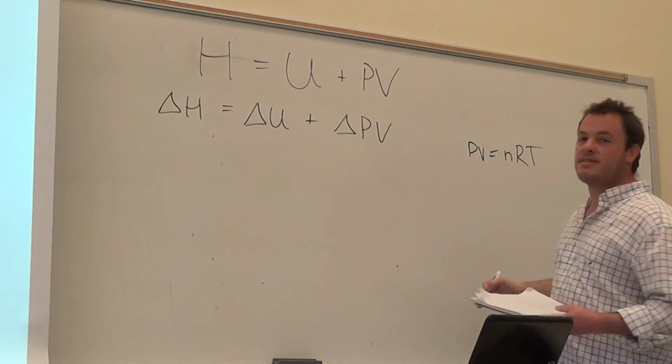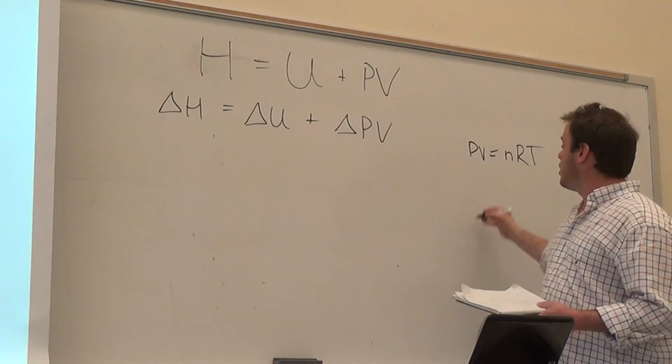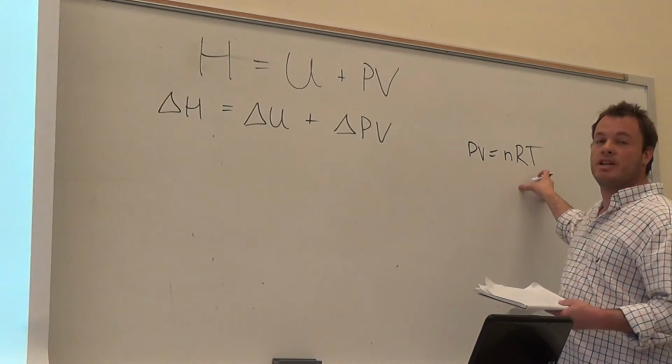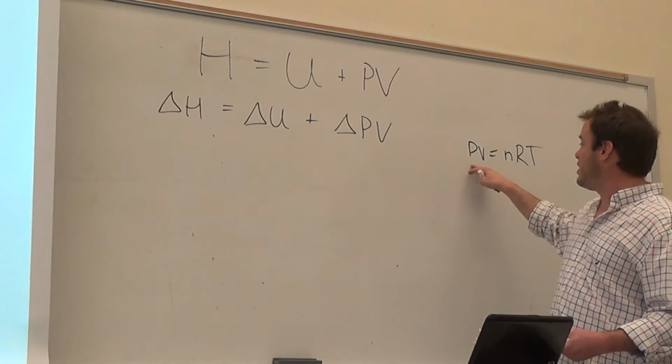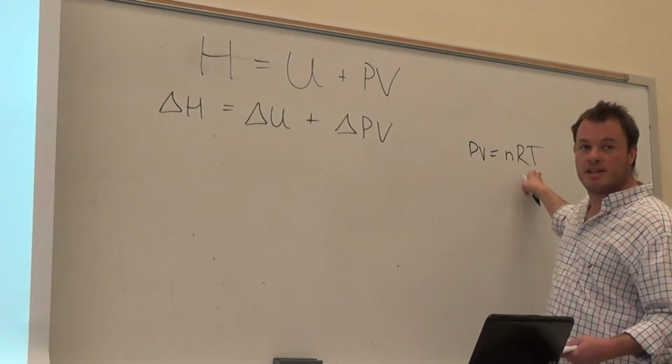Go back to the ideal gas law, PV is equal to nRT. Theoretically then, delta PV is equal to delta nRT.